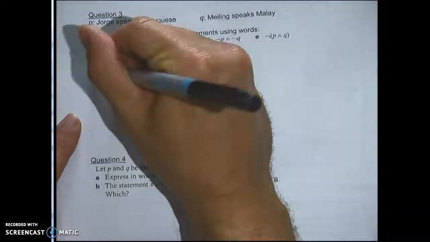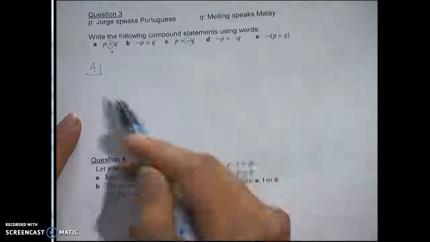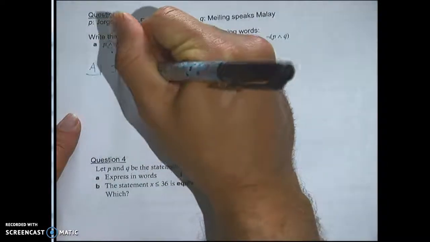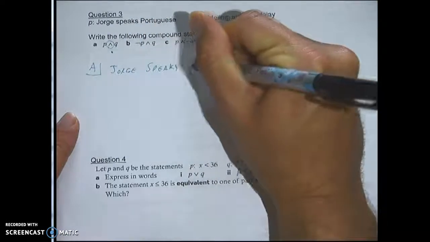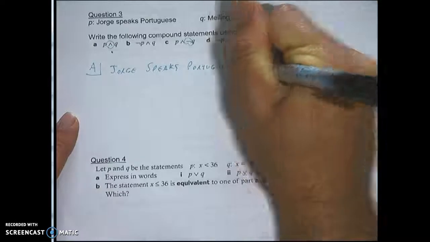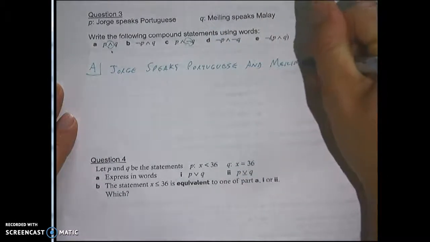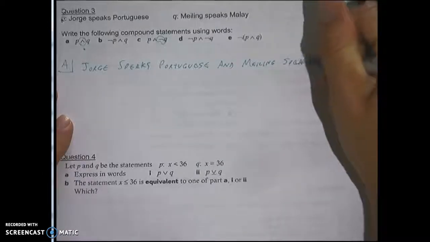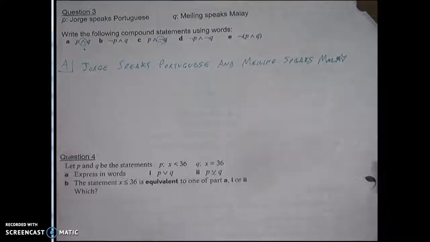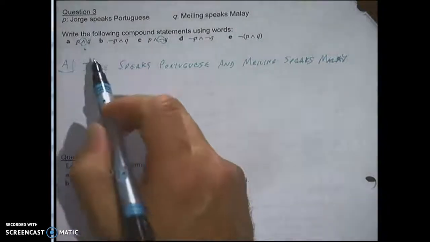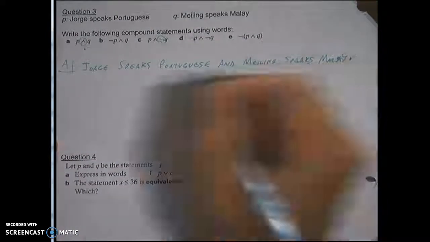So in part A, if I was going to convert this symbolic notation into words, I would say Jorge speaks Portuguese and Mei-Ling speaks Malay. So I took the P statement and combined it with the Q statement with the AND symbol there.